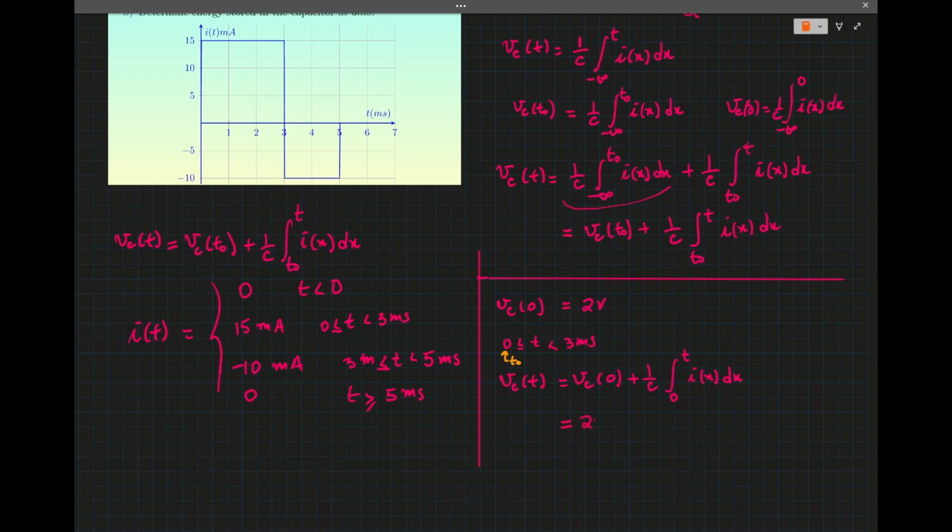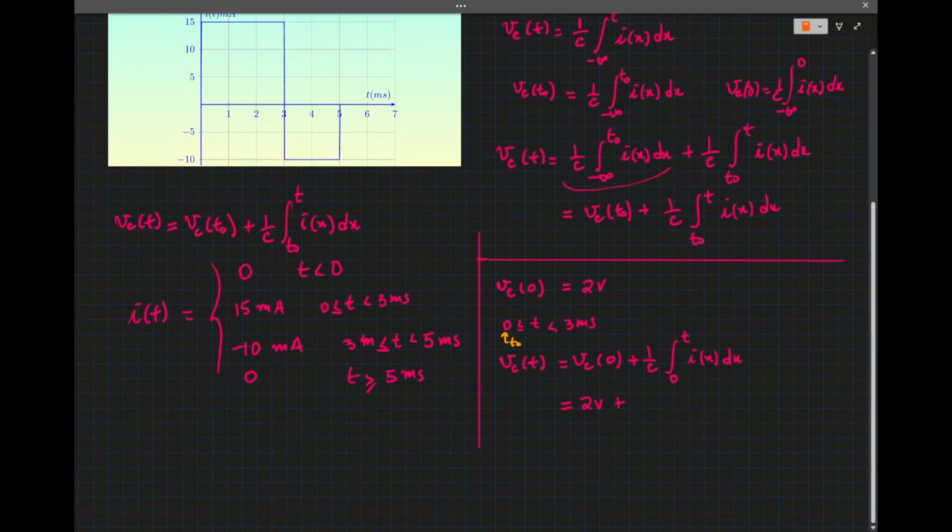So I have 2 volts plus, the capacitor value is 10 microfarads, so 1 over 10 to the negative 6 times 10, which is 10 to the negative 5.